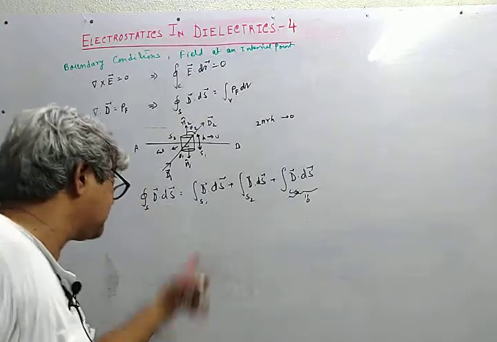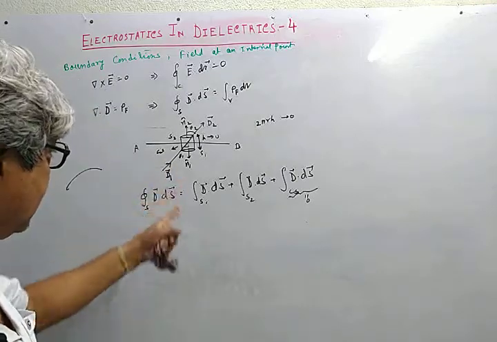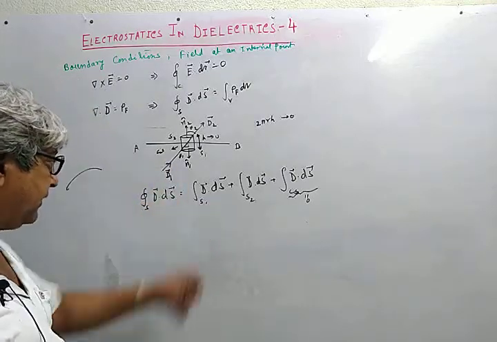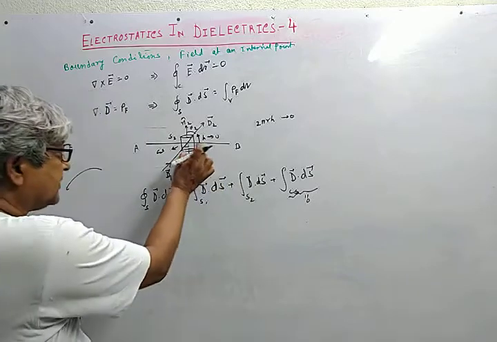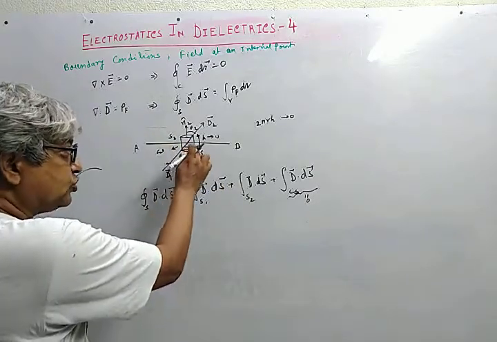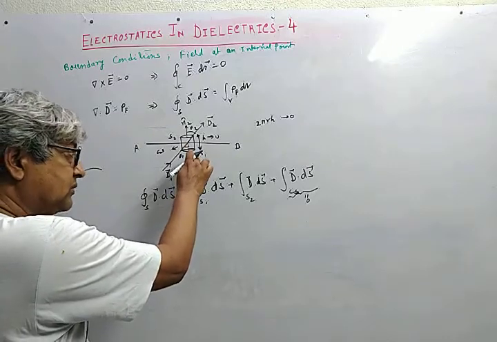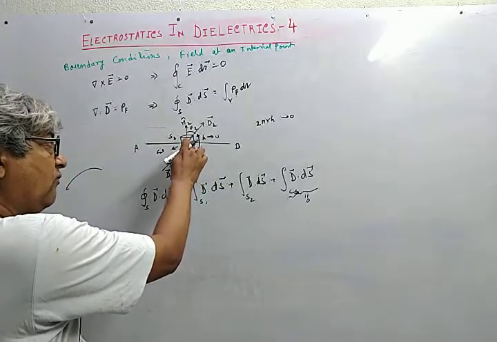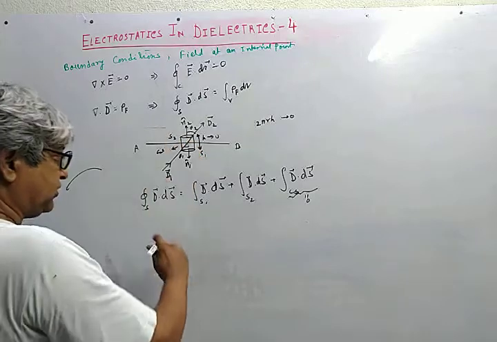On the left hand side, it is D1, and we consider the area to be delta S, small enough that we can consider the field to be uniform all over this cross sectional area.